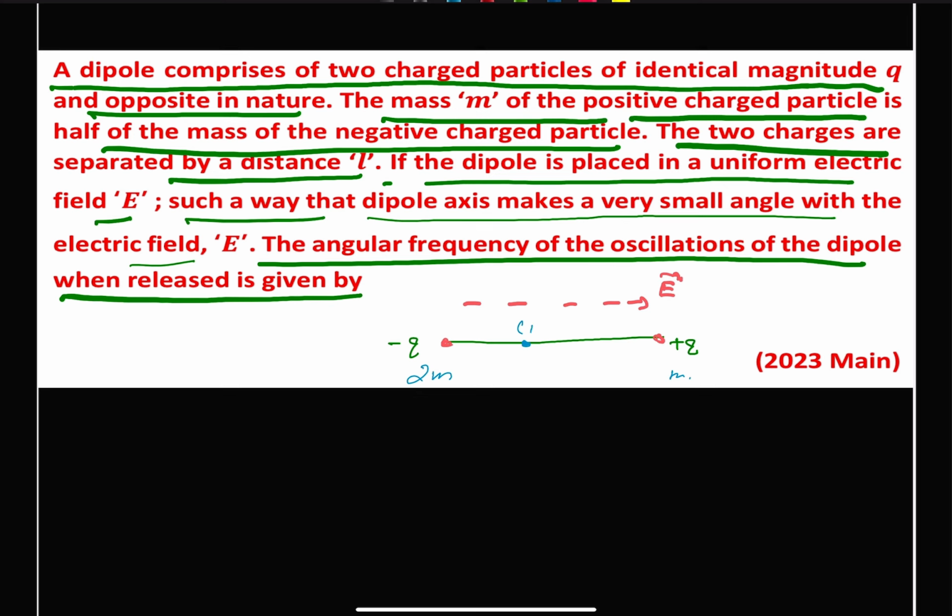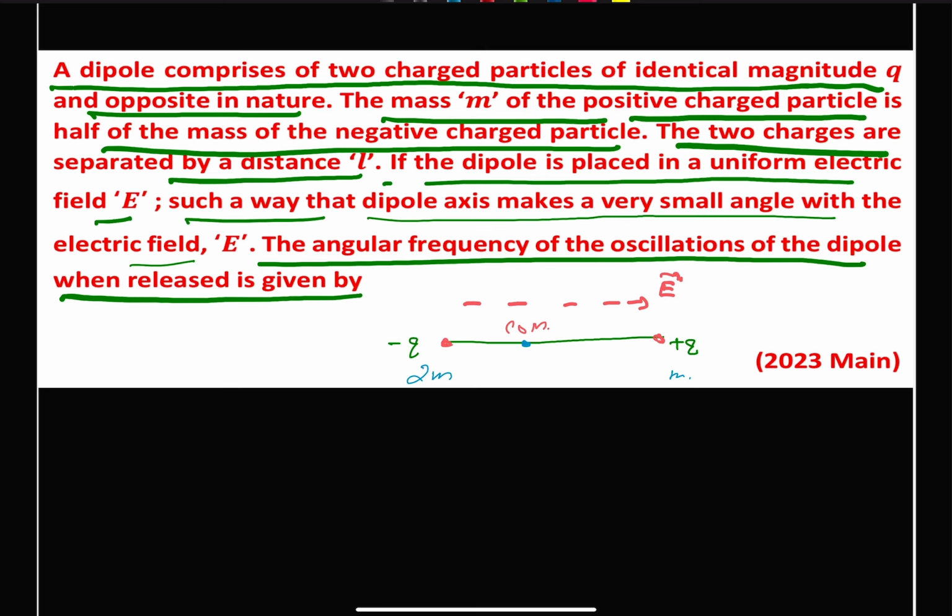And this dipole is going to oscillate about the center of mass. So this is our center of mass. This is the important part here. We are going to find out the respective distances. We can do that later on also.